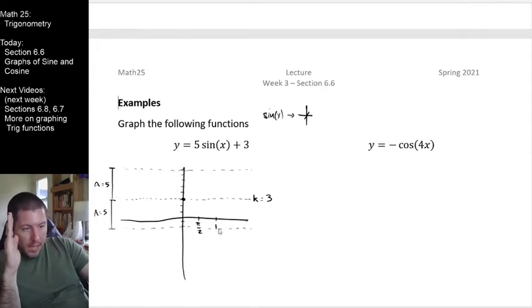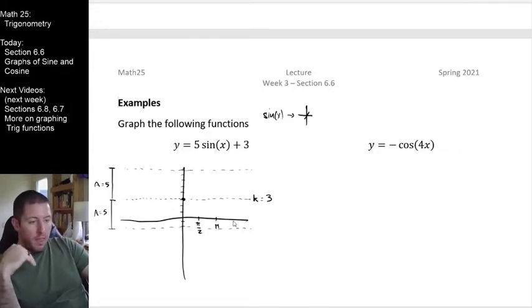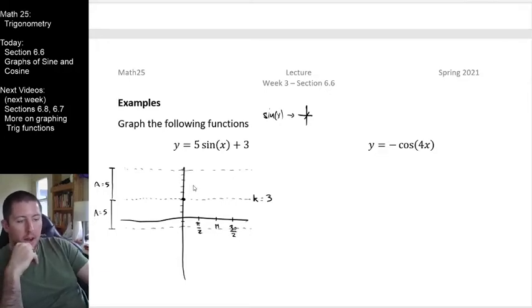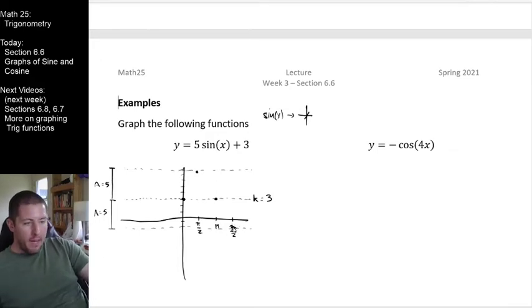Going out to pi gets me back down to 0. So from here, I'm going to go up to our max at pi halves, back down to our baseline at pi, and then down to our minimum there at 3 pi halves.